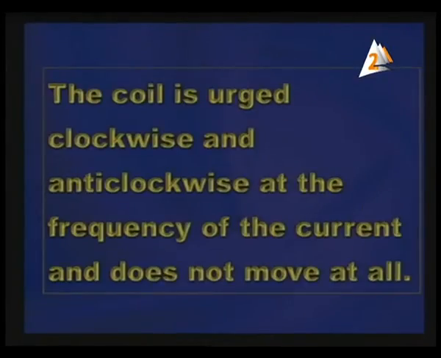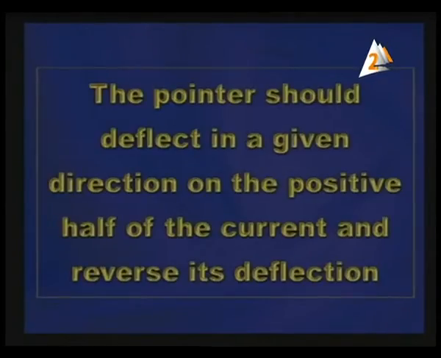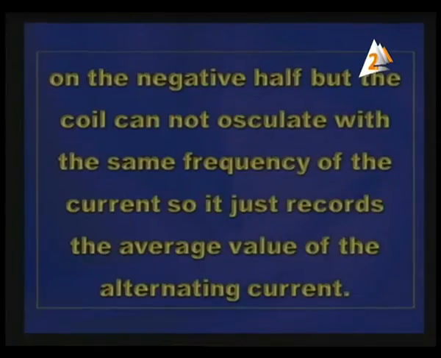Why? The coil is urged clockwise and anti-clockwise at the frequency of the current and does not move at all. The pointer should deflect in a given direction on the positive half of the current and reverse its deflection on the negative half of the current.